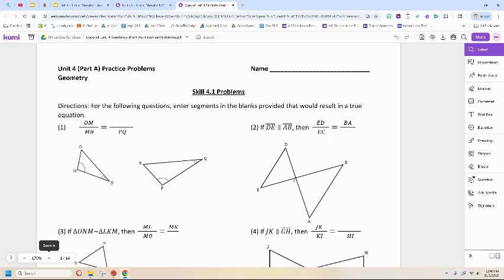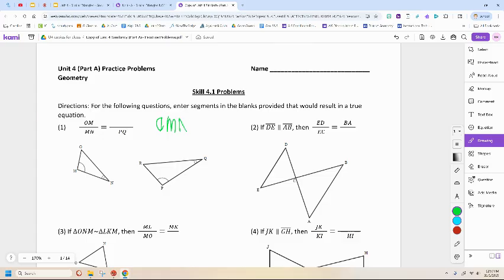If I call this first triangle OMN, do you guys see how this first triangle is OMN? The O has no marking on it. Which angle matches with O? R. Which angle matches with M?